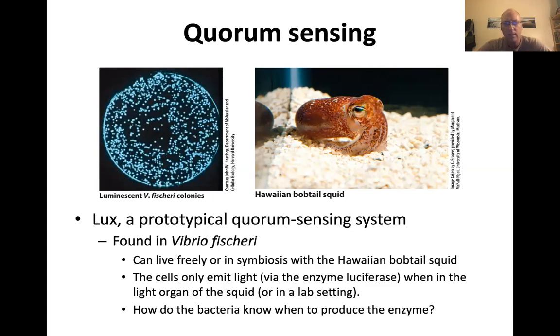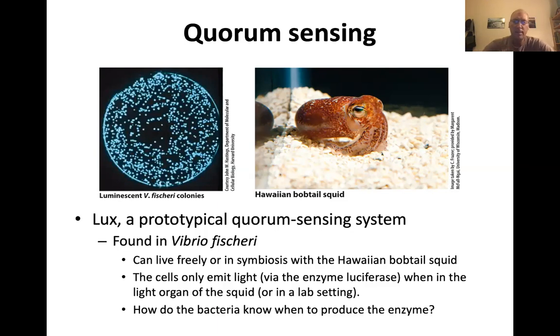The bacteria is called Vibrio fischeri, or there are other species as well, Vibrio harveyi. These are from the same genus of bacteria as Vibrio cholerae, the bacteria that causes the disease cholera. But these bacteria live in harmony or in symbiosis with their host, providing a service to the host, in return receiving food from the host.